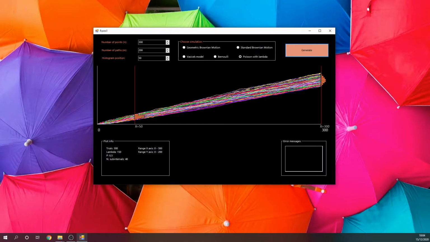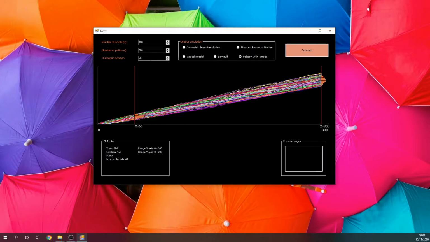This is because the values are concentrated, not very distant from the center line.